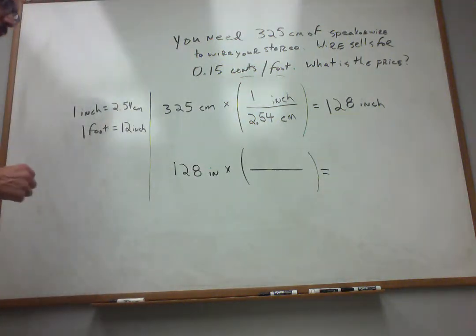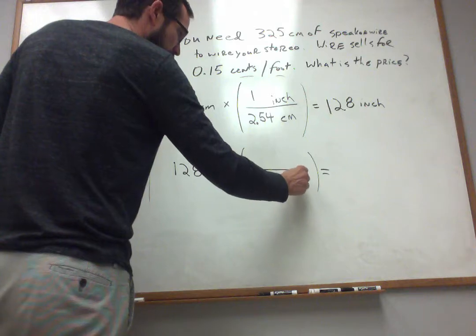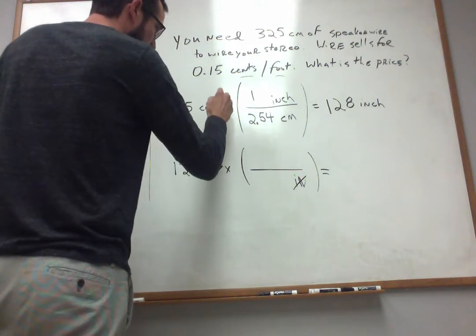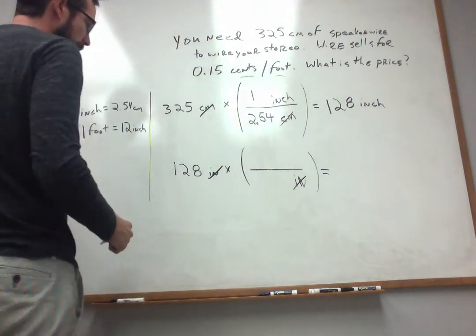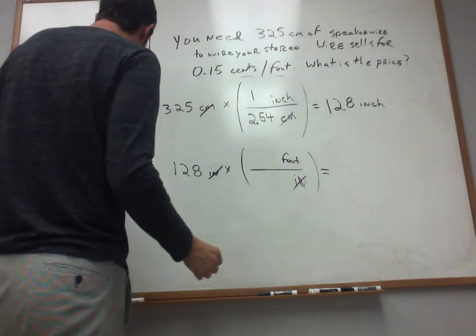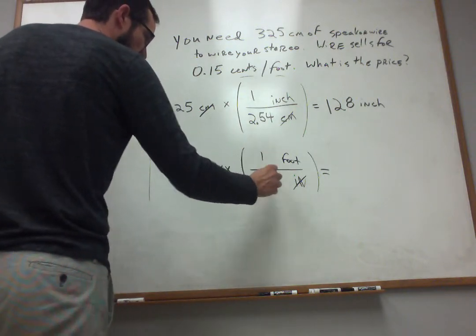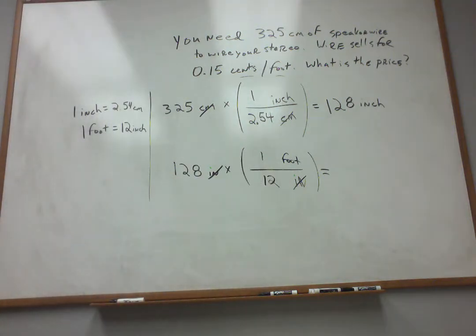So hopefully you can see where we're going with this. We put our undesirable units, the ones that we want to cancel out, in the bottom, just like they cancel out here. And we put our desirable unit up top. Now that's feet, or foot here, if you want to call it that, okay? So 1 foot is, of course, 12 inches. By definition, 1 foot is 12 inches.